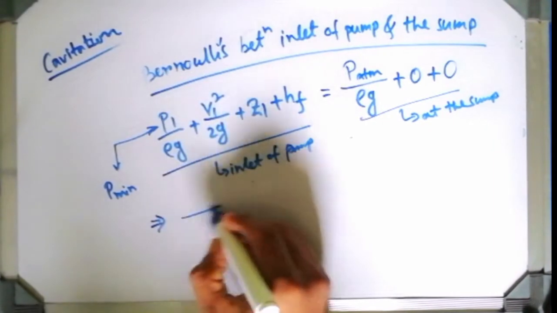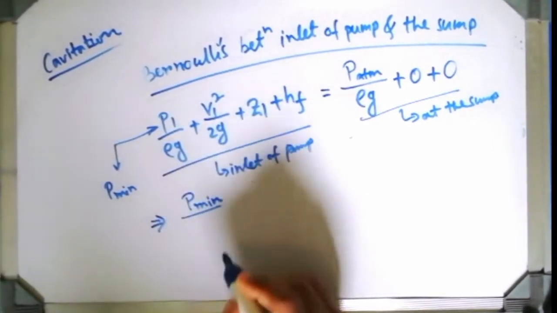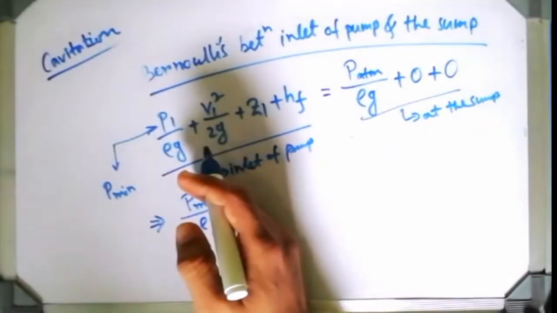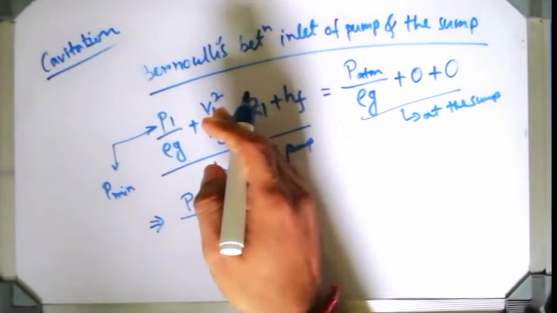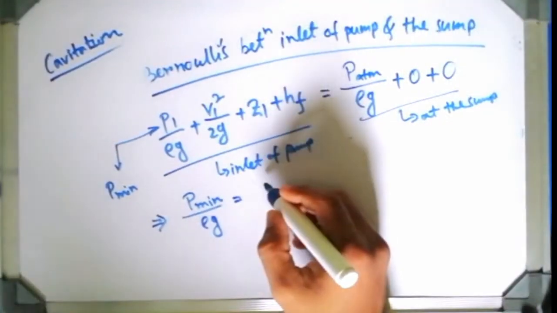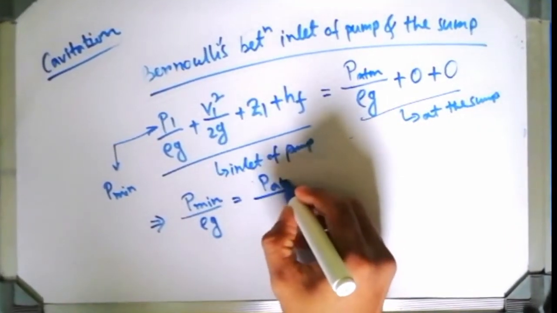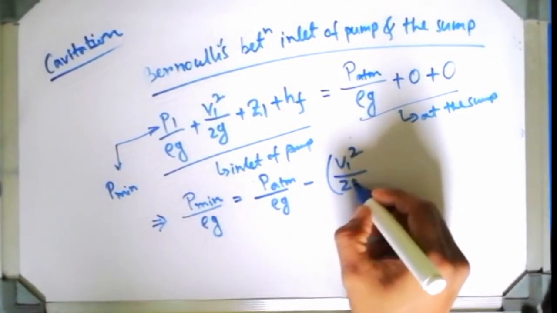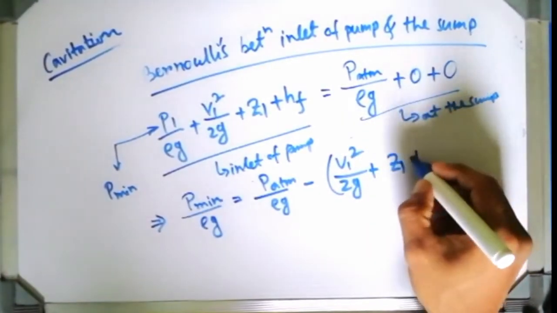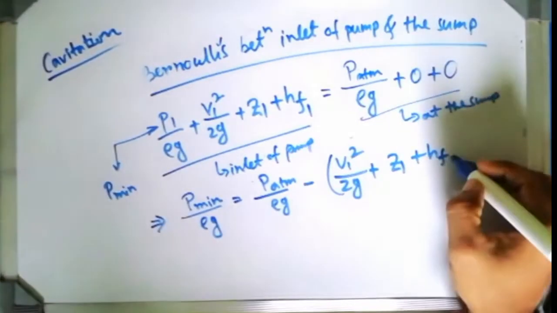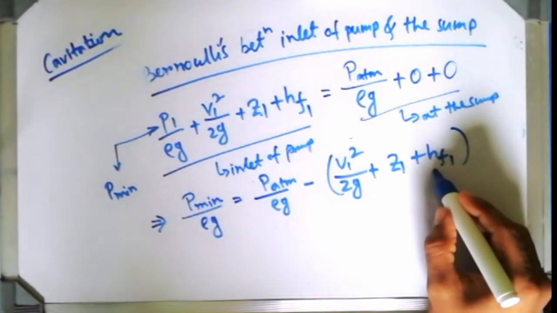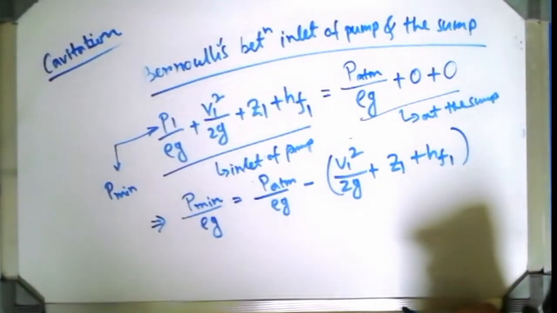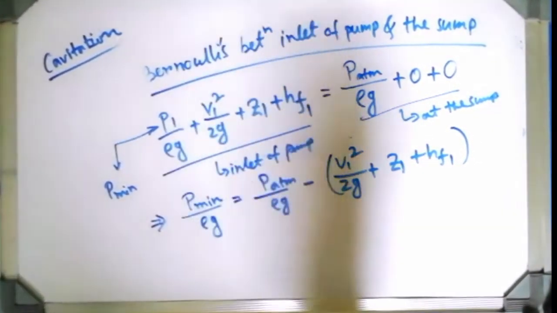So P minimum by rho g, bringing all these other terms to the right side, it will change like this: P atm by rho g minus V1 square by twice g plus Z1 plus HF1. HF1 means head loss in the suction pipeline due to friction. So P1 is replaced by P minimum.